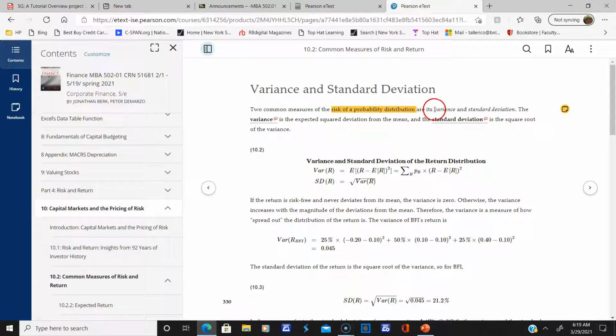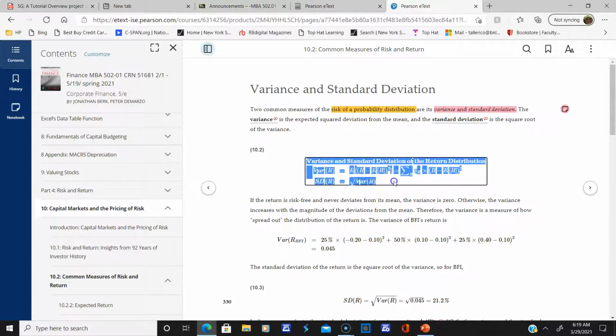So here we are with variance and standard deviation. The variance is the expected squared deviation from the mean. And the standard deviation is just the square root of the variance. So the standard deviation will be easy. It's just that we've got to get the variance.